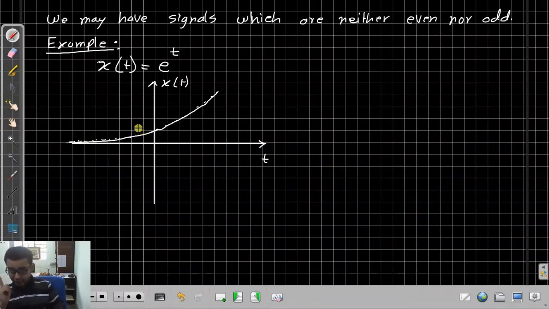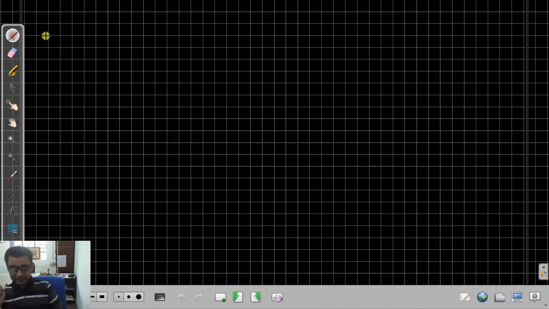But the very important thing that we will learn is this fact, that any signal can be broken into an even and an odd signal. Any signal can be written as the sum of an even and an odd signal.